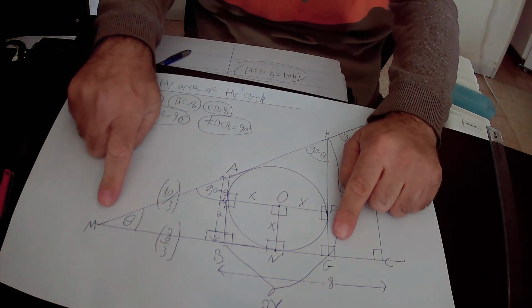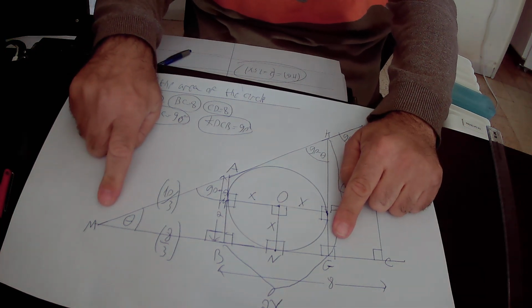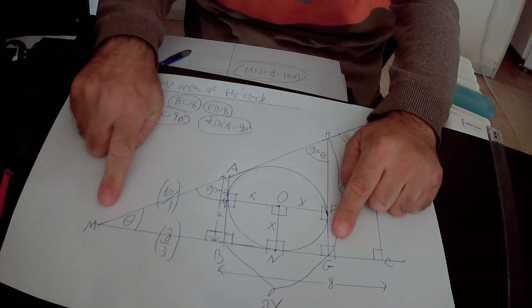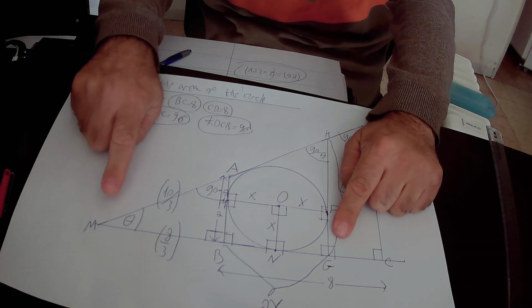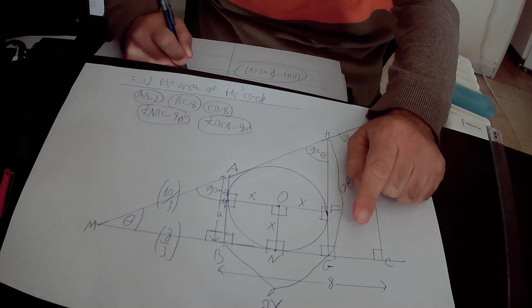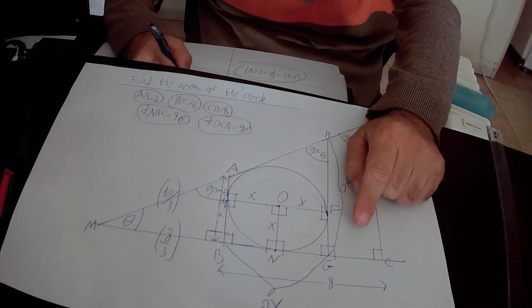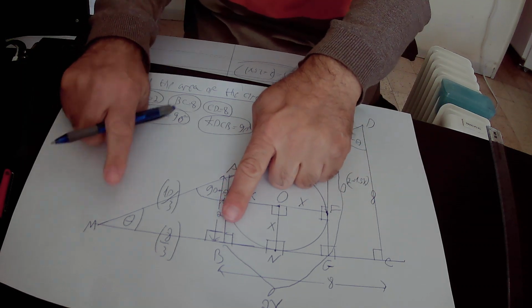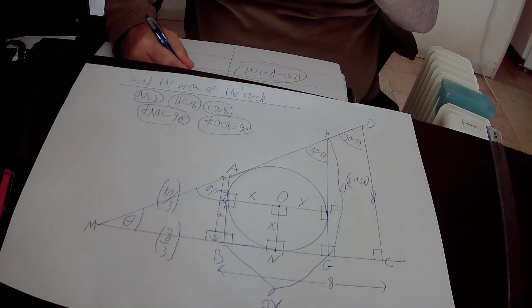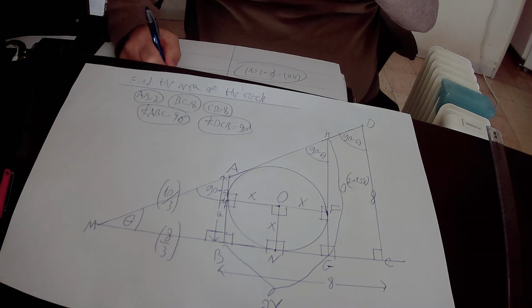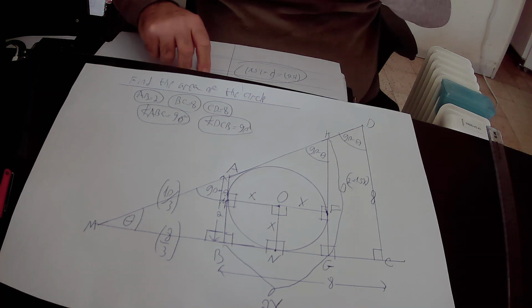I already explained to you that MG equals 8 over 3 plus 2x, so substitute MG by 8 over 3 plus 2x over MB, that is 8 over 3. And it is equal to KM.